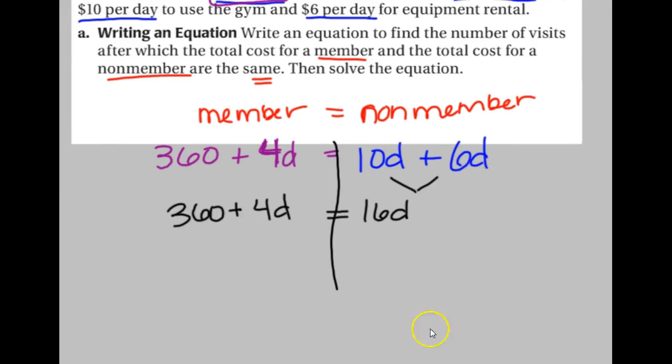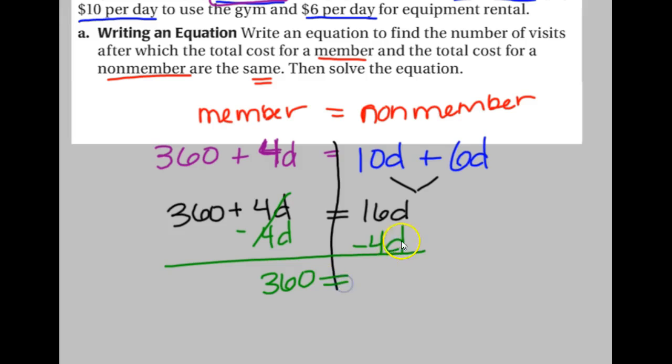Now we need all the letters on the same side. I'm going to subtract 4d to move this to the other side. We have 360. And then 16 minus 4 is 12d. And then last, the opposite of multiplying is divide. 12 goes into 36 3 times, and there's a 0 there.